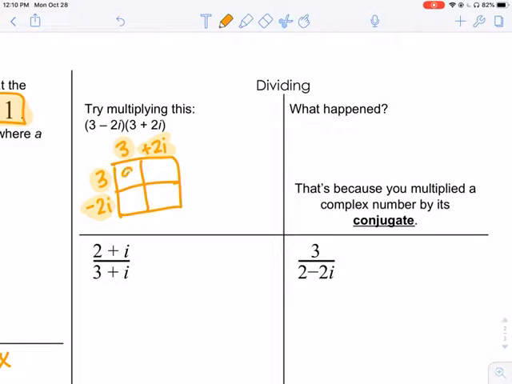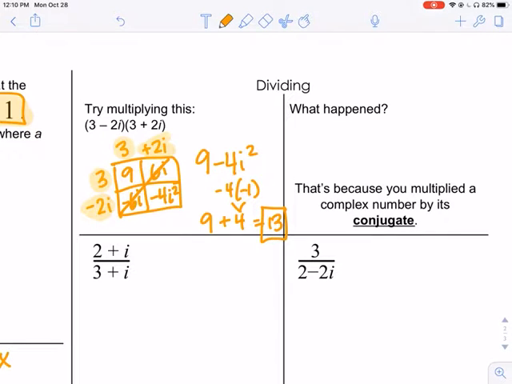So 3 times 3 is 9. 3 times 2i is 6i, times negative 2i is negative 6i, and negative 4i squared. So I can see that these are going to cancel out, and I would have 9 minus 4i squared. I remember that i squared is -1 times -4 would be positive 4 and 9. So I know that the answer is 13.